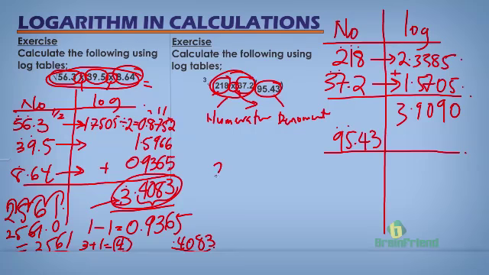That number of digits is 2, so if we subtracted 1 from 2, we'd have 1. It means that the logarithm of 95.43 is 1 point a fractional part. Our fractional part is looked up from our logarithm table.